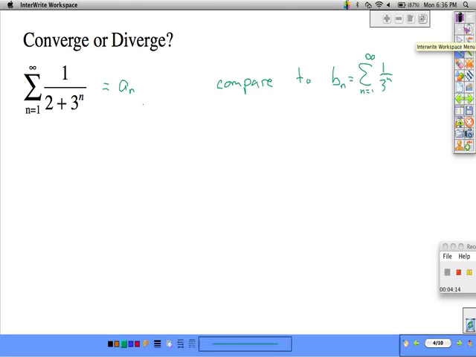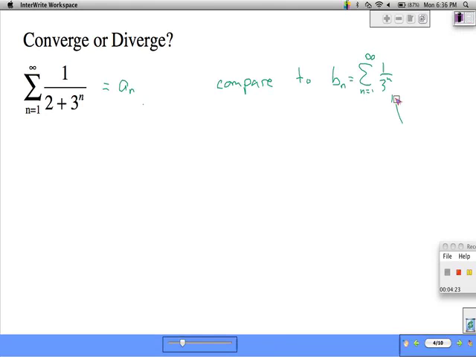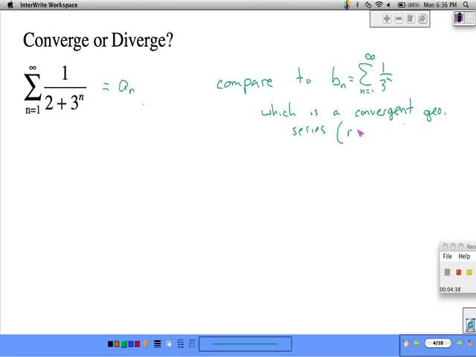And what we're going to use for this one is 1 over 3 to the n. And this is a convergent geometric series. The r value is 1/3.